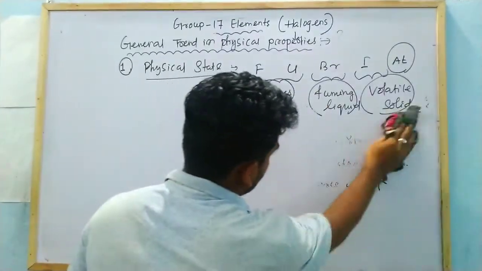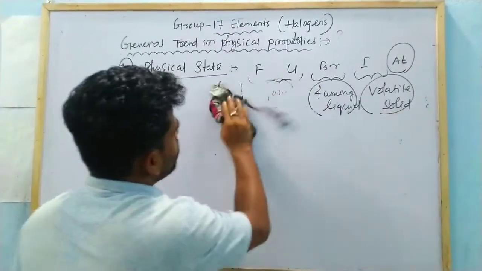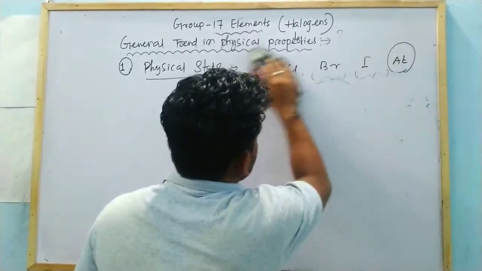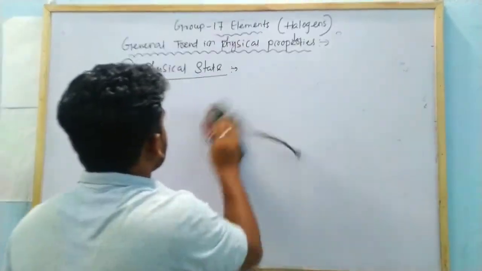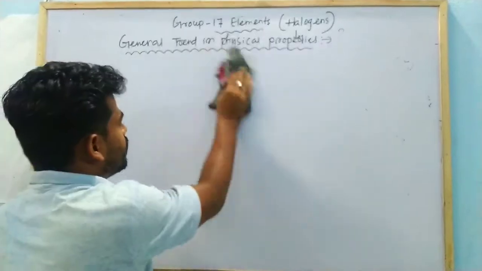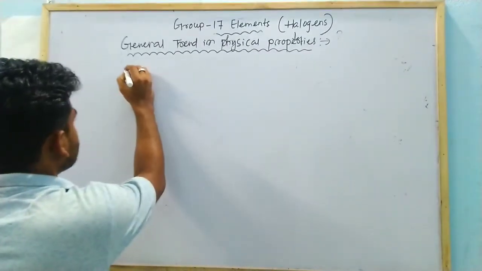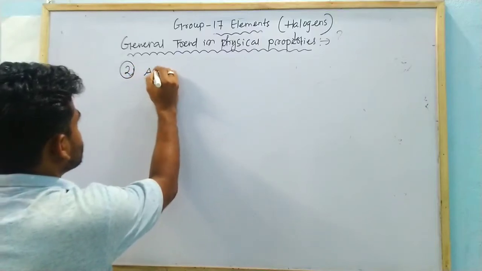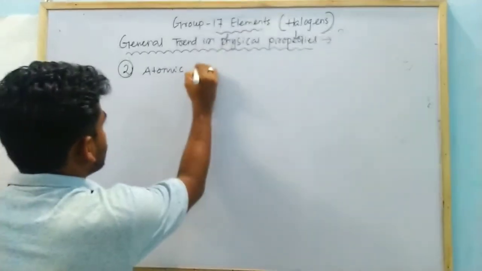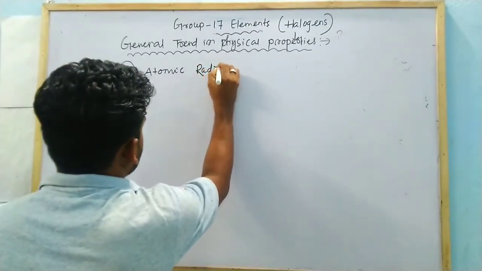Next, a trend in property that is very important: atomic radius or ionic radius.